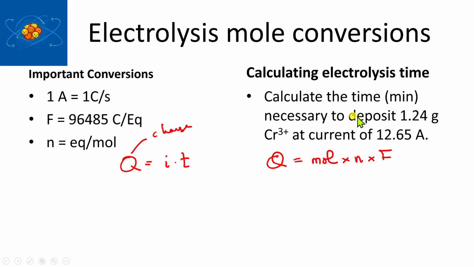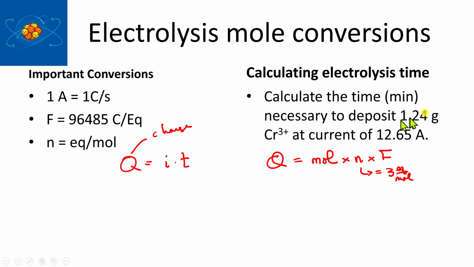It doesn't have to be that way, but in these problems it typically is. And so we know that this value for N is going to be 3. That's 3 equivalents per mole of substance.